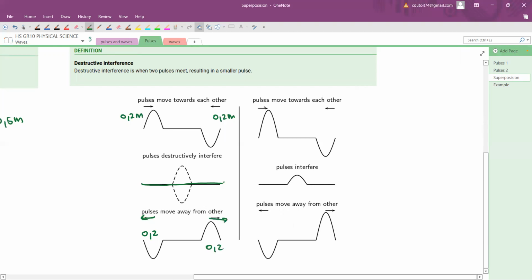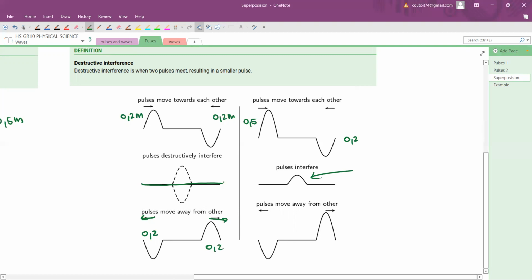Okay, let's assume that we have a 0.5 meter pulse and a 0.2 meter pulse. One is going up and the other one's going down. When they meet, they will interfere. This is called destructive interference because they're breaking one another down in height. And the result will be what? Who can tell me what the result will be of that pulse?